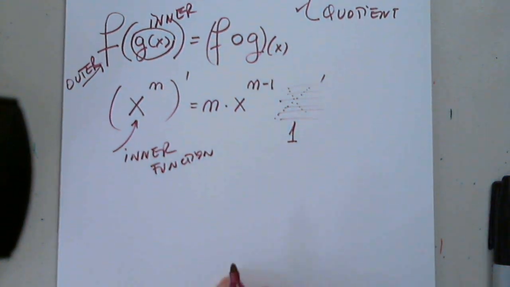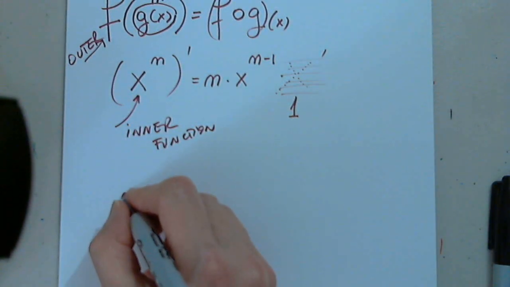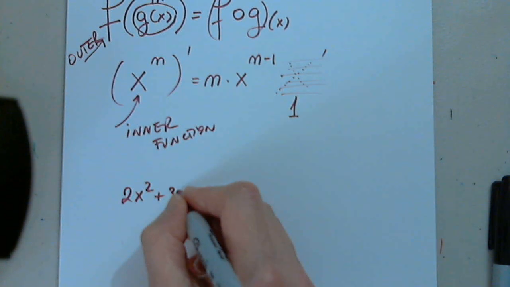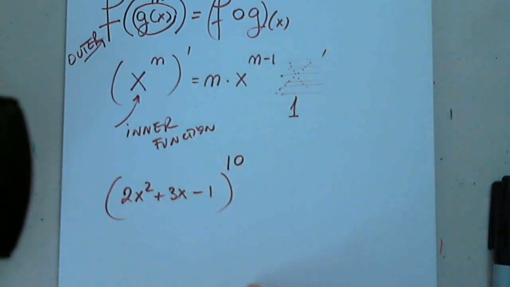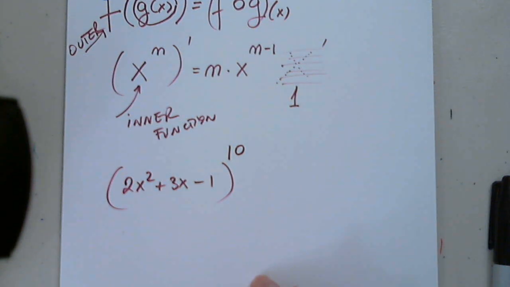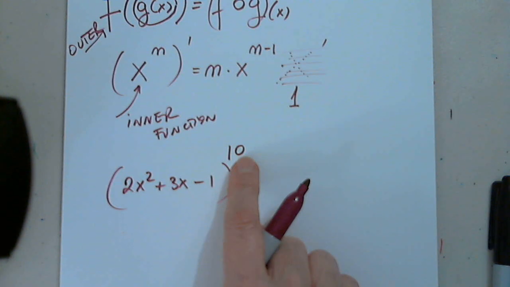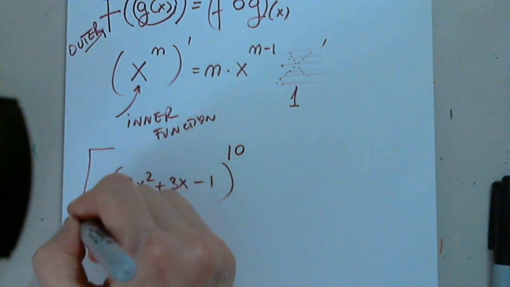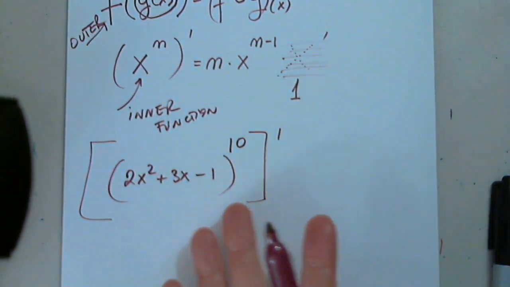So here's an example. And then I'll write the formula. So if I have 2x squared plus 3x minus 1 to the 10th power, I'm not going to sit here and raise this to the 10th power. It will take me 3 days if I need to differentiate it, of course. You can say just expand it.